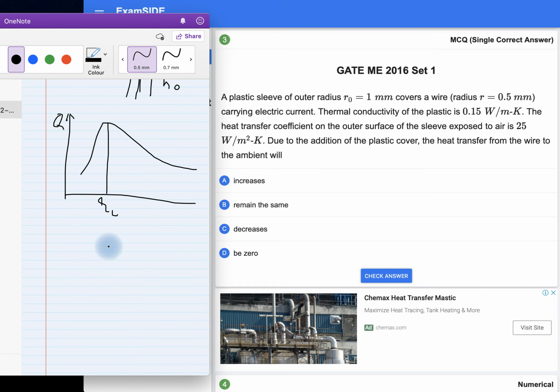So we will use the formula K by H, or I can write 0.15 divided by 25. So how much will this be? In mm we have to calculate 0.15 divided by 25.